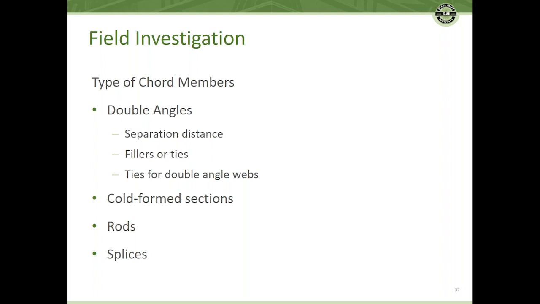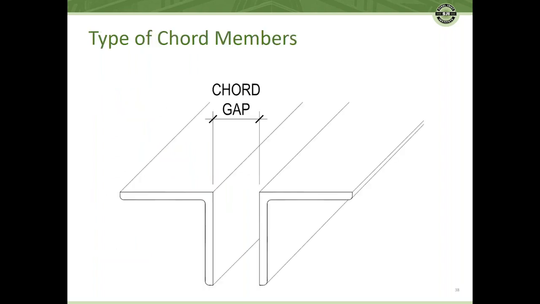Sometimes some manufacturers will manufacture chords using cold form sections, also rods, and then if there's any splices in the chords, whether they're shop splices or field splices, that's good to know. The chord gap, if this was a top chord, there's a gap typically between the chords, and sometimes the webs fit in between there.